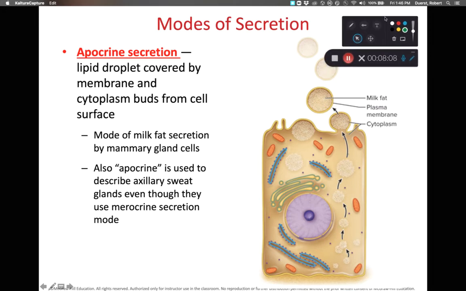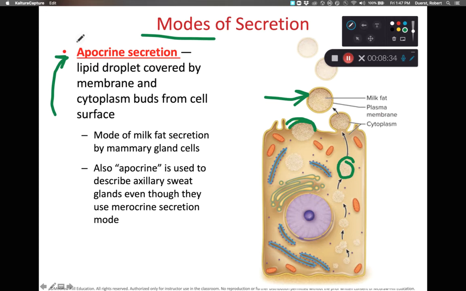There are also different ways that we can make secretions. As we look at the method of secretion, the first one we're going to focus on is apocrine secretion. An apocrine secretion is a method of secretion where we take our favorite chemical compound, and that compound will then be exocytosed from the cell as a completely encapsulated vesicle.